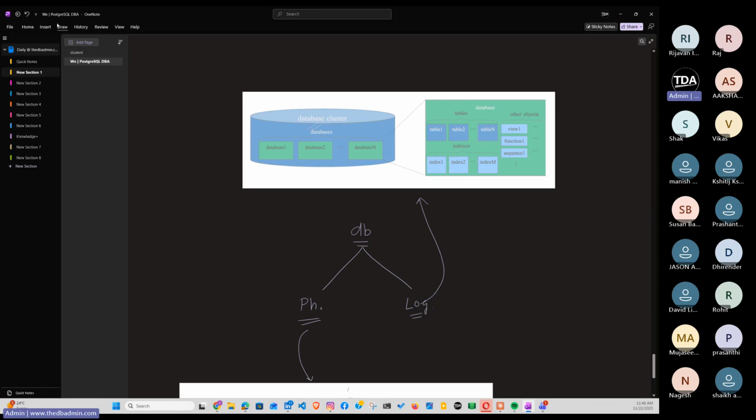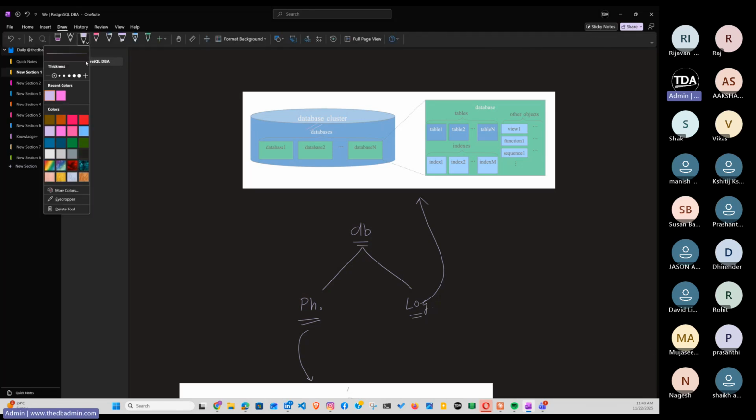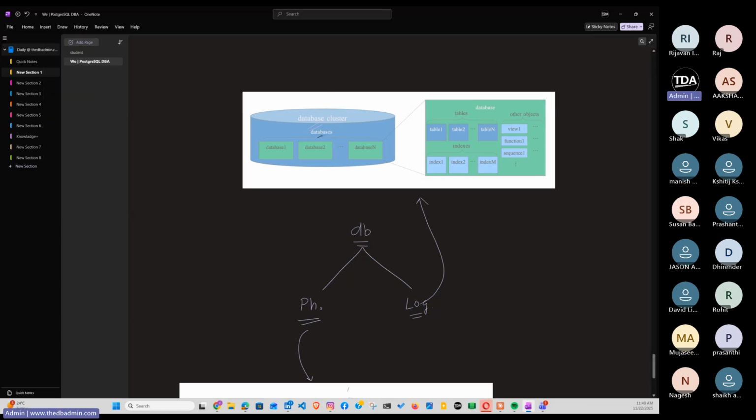Under that, you have specific databases, let's suppose A database, B database, and C database. Let's suppose C database has tables, views, functions, sequences, indexes. These are the logical entities, or the logical part, of your database.